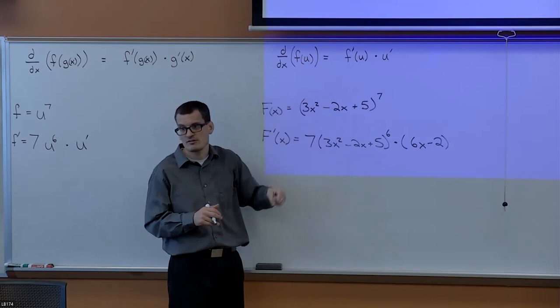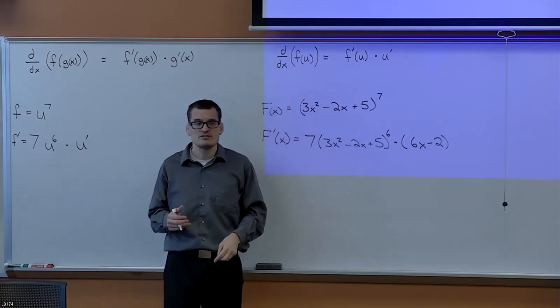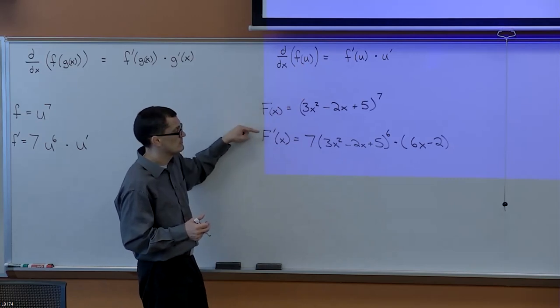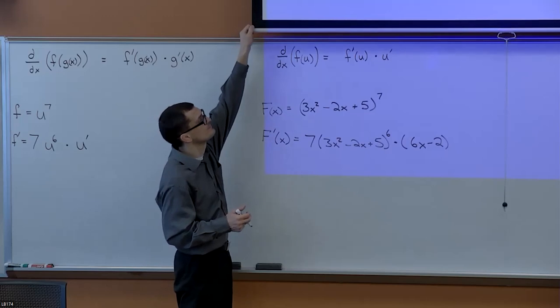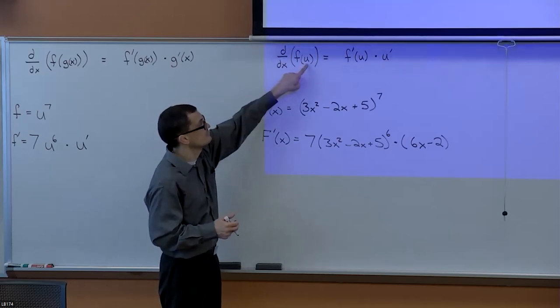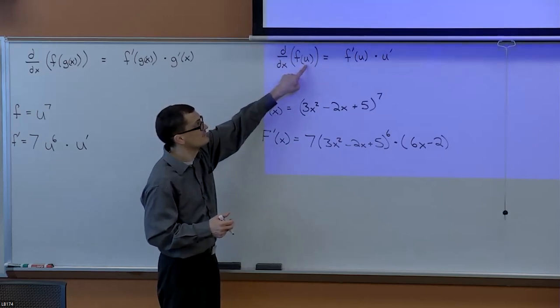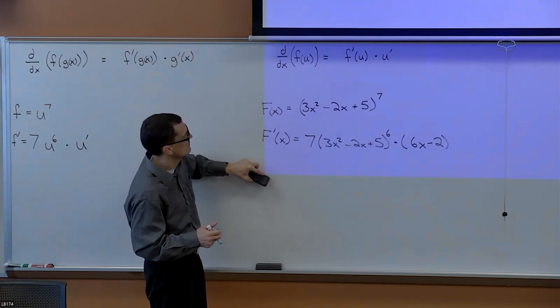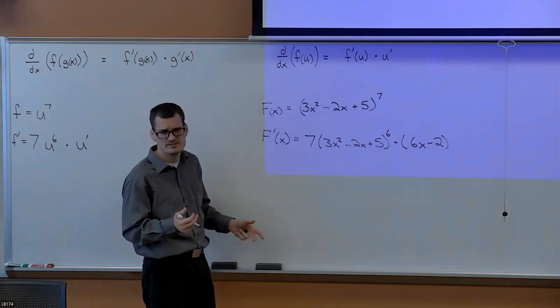That's why it's called substitution. So it's reversing the chain rule for derivatives, and we're going to utilize substituting out a u in order to do that. Does that make sense?